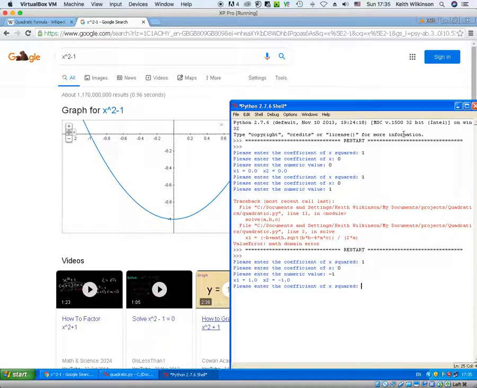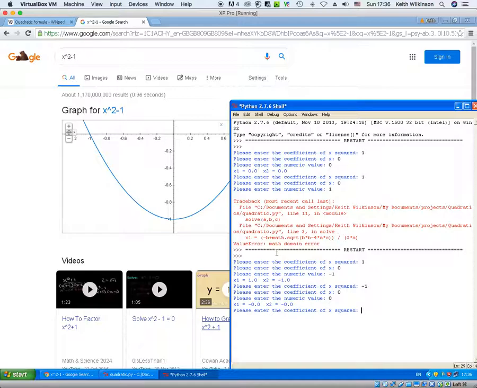I'm going to enter the coefficient of x squared, so I'm going to do the upside down version now. So I'm going to do minus x squared, no x's and no numeric value, and I should get two roots, both 0. There we go. Just put minus 0 if ever there is such a thing, but it worked. And now I'm going to do the upside down one that does give me two roots.